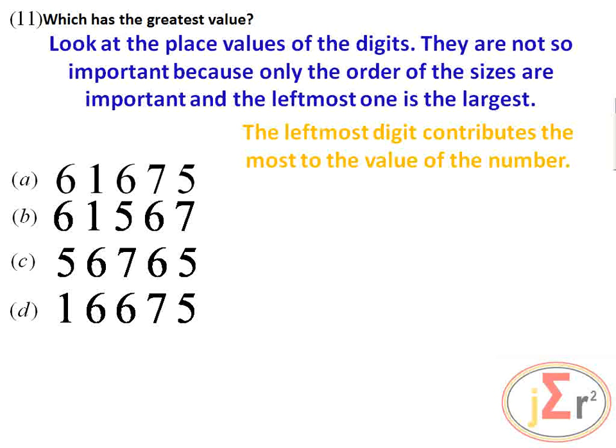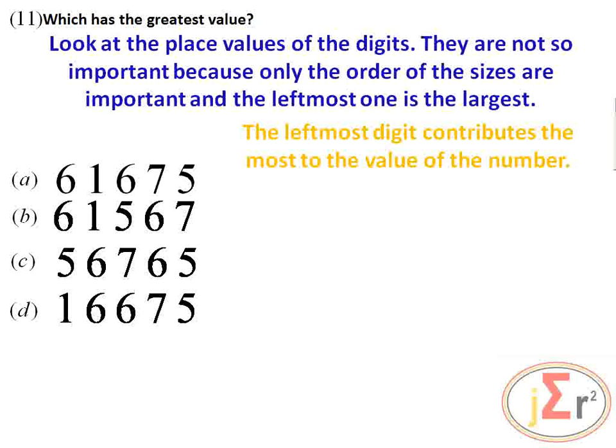The leftmost digit contributes the most to the value of the number, and it is called the digit of, what do we always say that it is? The digit of greater, right? Greater significance.